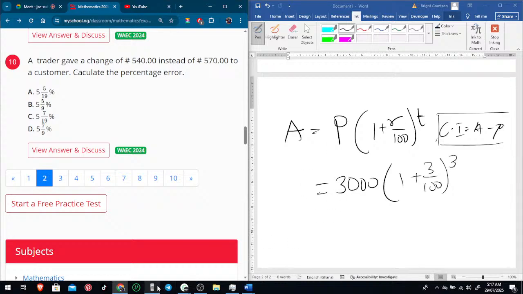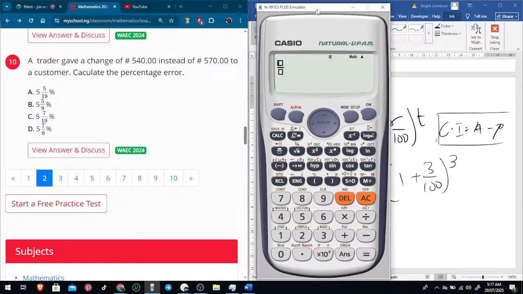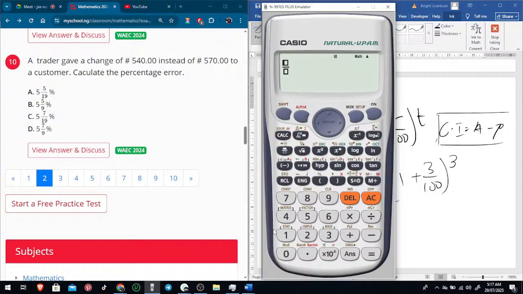So whenever we are doing percentage error, it's the change over the original price. So he gave a change of 540 instead of 570, over the original 540.